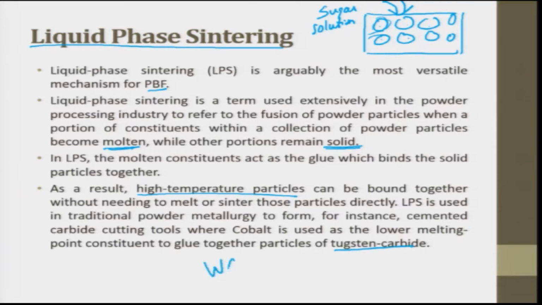So, tungsten carbide cobalt is a typical example used as a cutting tool for liquid phase sintering.